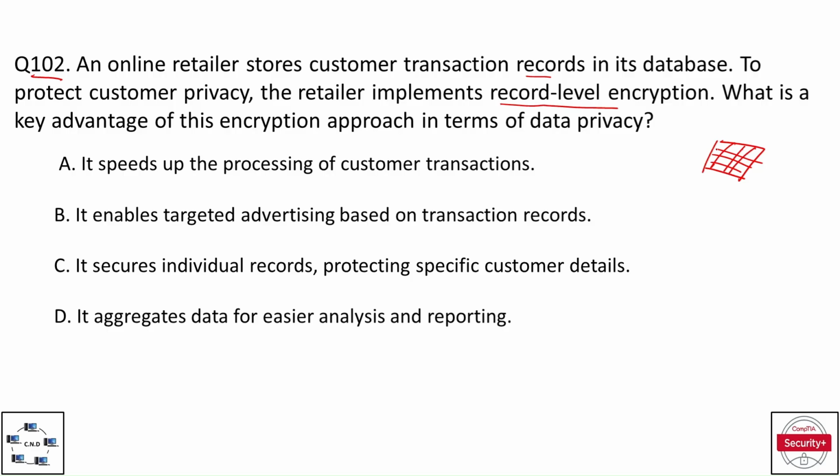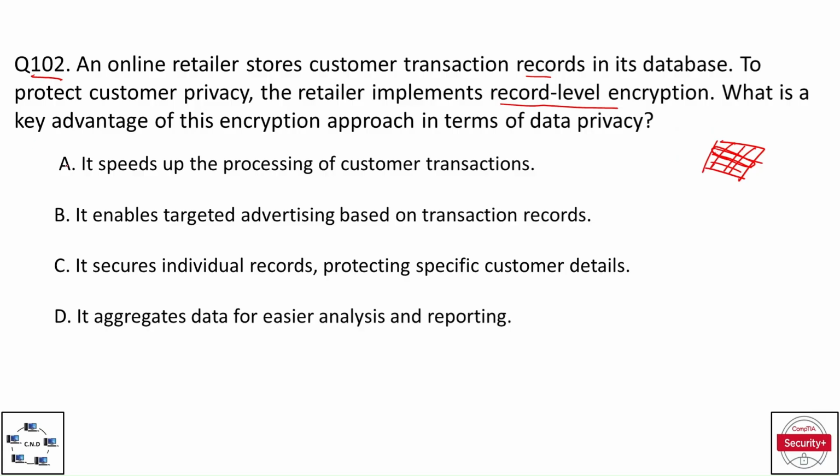These individual rows represent complete information about something, such as, let's suppose, a customer. It may represent the customer name, his social security number, his salary, etc. So this complete row is known as a record. So here we are talking about individual record-level encryption.